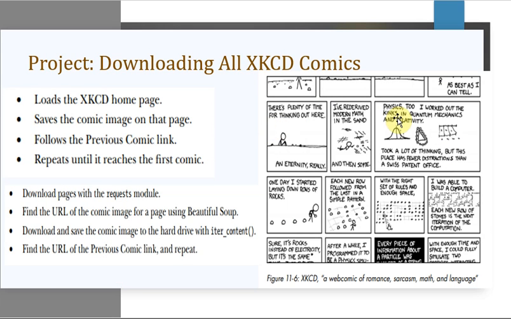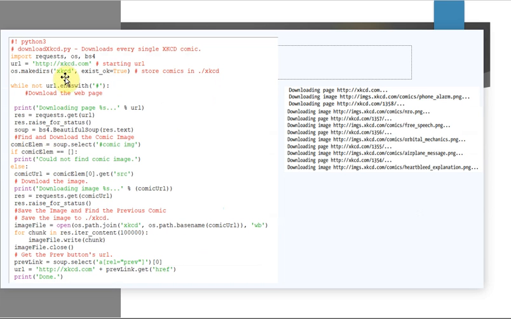In your site XKCD you're going to have a lot of comics, and each is an image. So you're going to download all those images so that you can view them when you're not connected to the internet. All those downloaded files will be stored in your current working directory. Here we have named it xkcd.